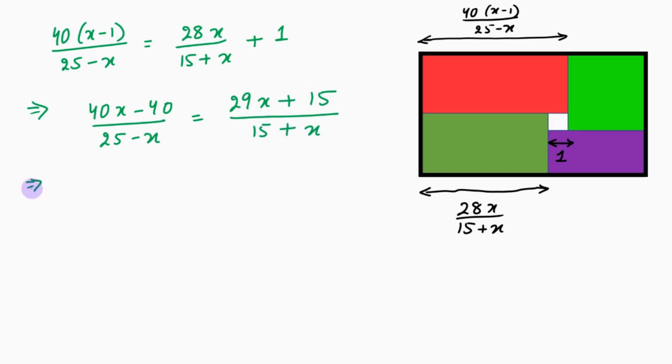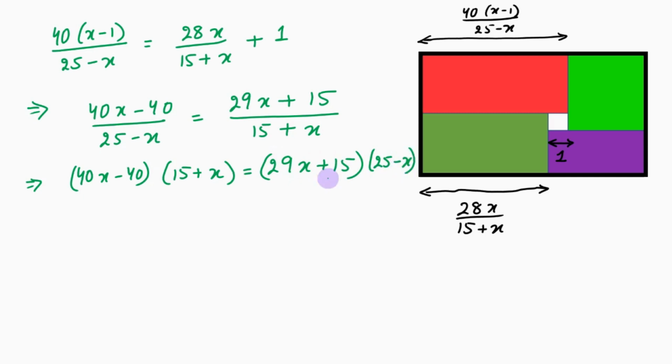Now doing a little bit of multiplication, we get that (40x minus 40) into (15 plus x) is equal to (29x plus 15) into (25 minus x). And then solving further, we get 69x square minus 150x minus 975 is equal to 0.